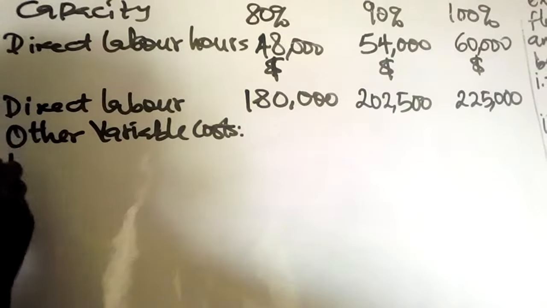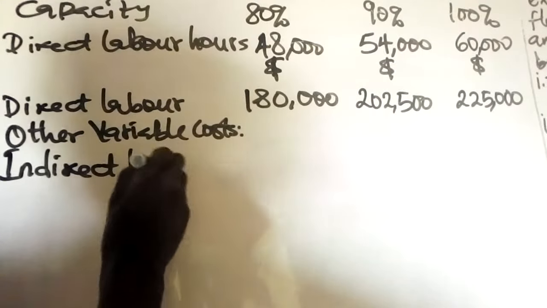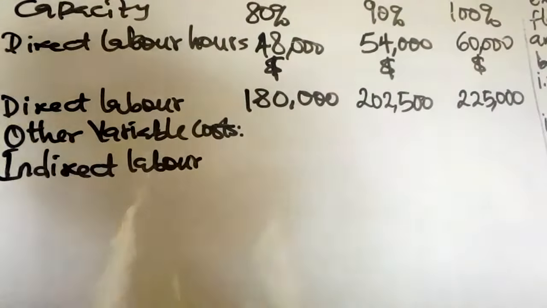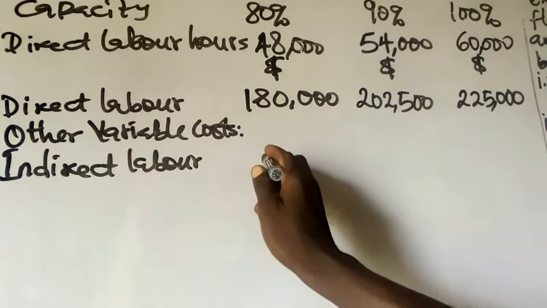So you have indirect labor, which is 0.75 as given in the question, per direct labor hour. The direct labor hours at 80% capacity is 48,000. You now have 48,000 times 0.75, and that will give us $36,000.